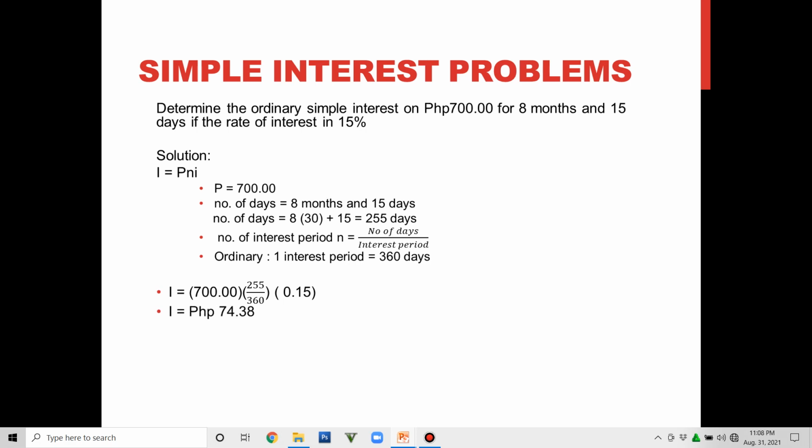That would amount to 74.38. If we are interested in the future worth, we'll just have to add that interest to the principal or the present worth value, to come up with 774.38 pesos.